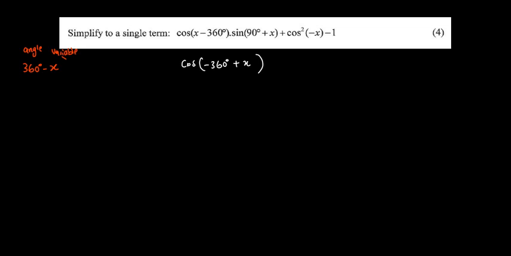Then we'll say sine of 90 degrees plus x. Remember that one is a co-ratio, whereby sine will change to cos. So it will be cos x. However, is the cos x positive or negative? How do you check? Go to your calculator and type in sine of 90 degrees plus x, and for x please use 20 degrees.